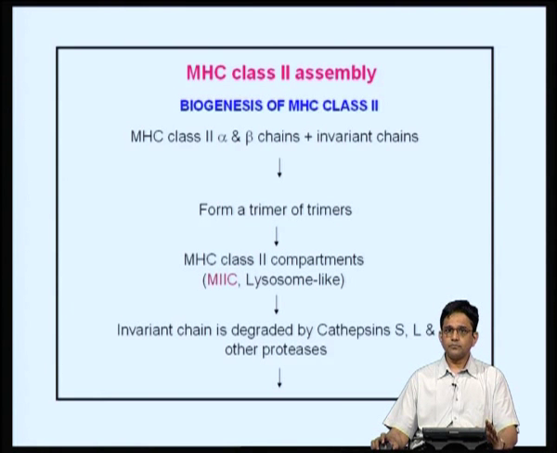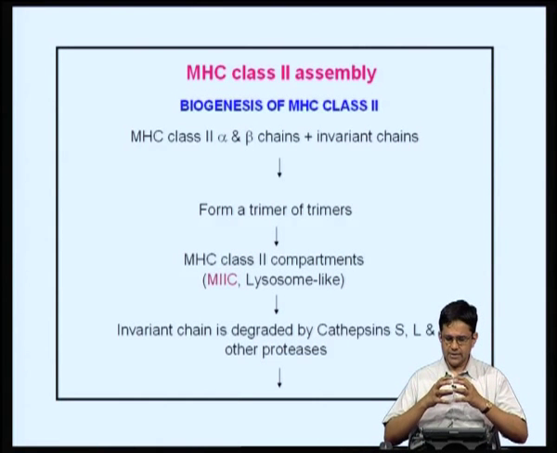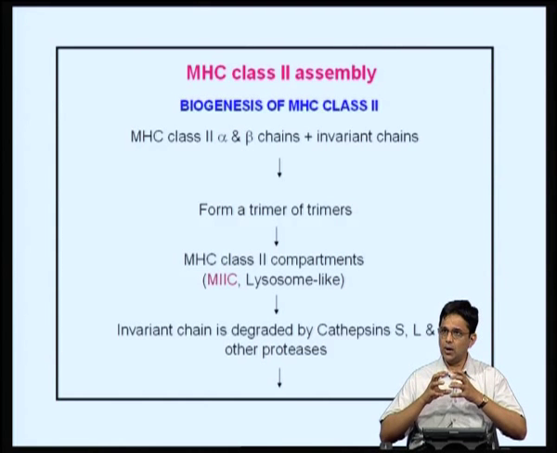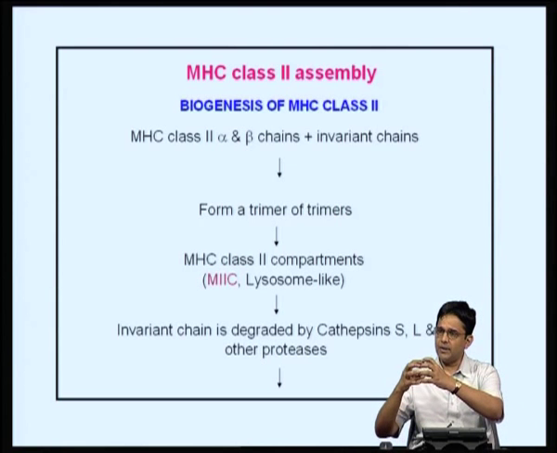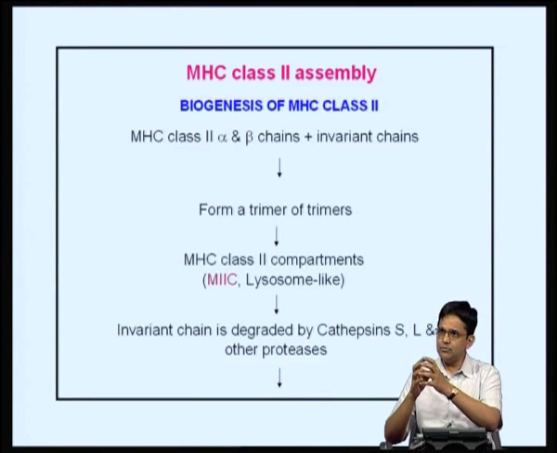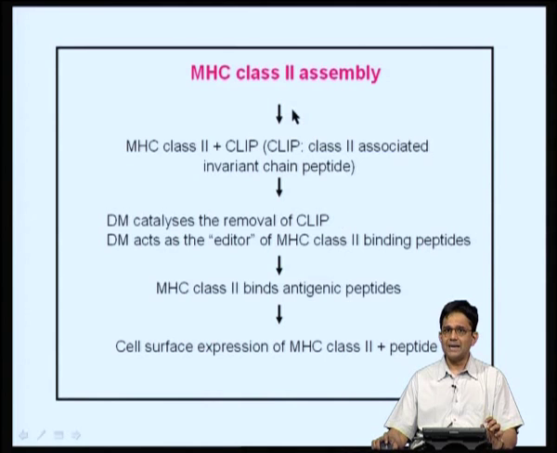Once it goes in there, the invariant chain is degraded by cathepsins and other proteases. So, you have MHC class 2 molecules associated with invariant chain, forming a trimer of trimers, and then this complex goes to the M2C, and it is in the M2C that invariant chain is degraded, except for one part of it, known as the clip.